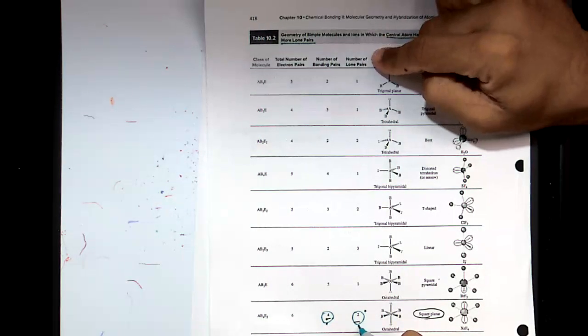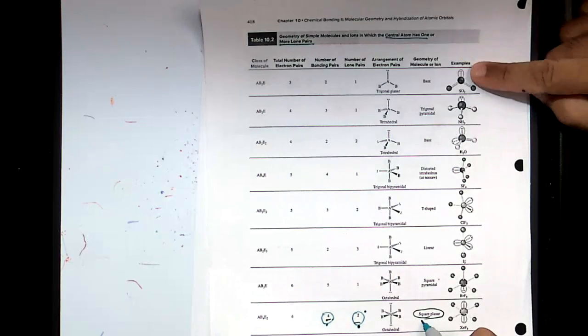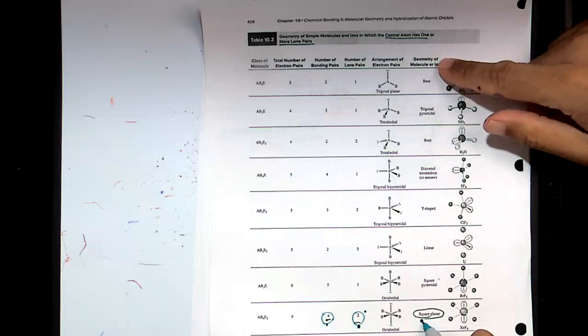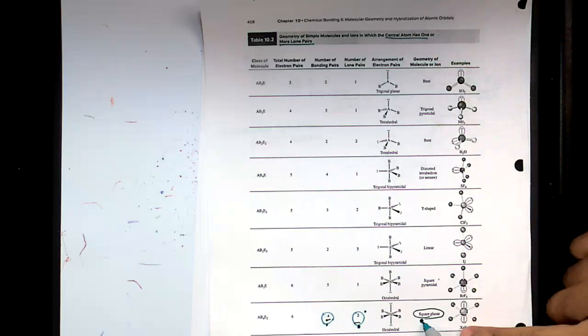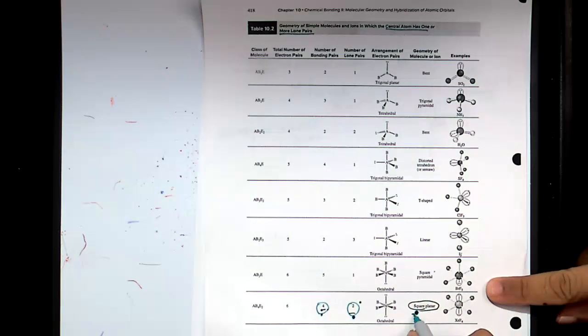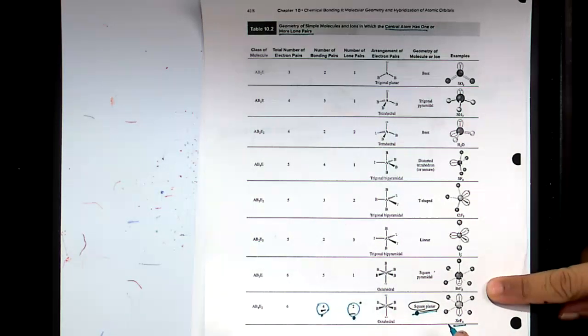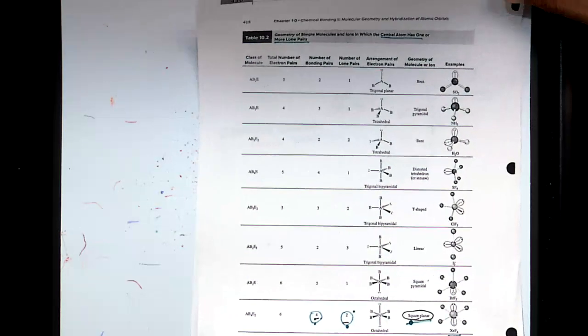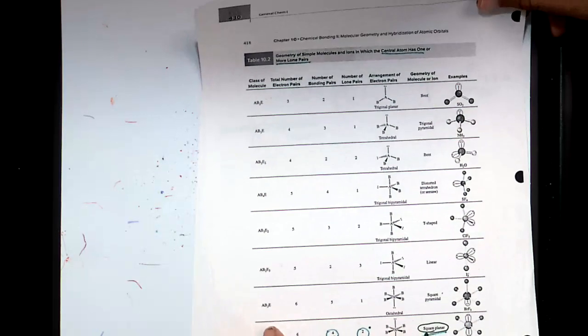Number of lone pairs is 2. Everyone see that? What's the geometry? The geometry is going to be square planar. In fact, that's the example they give you, square planar. So the molecular geometry of XeF4 is square planar.